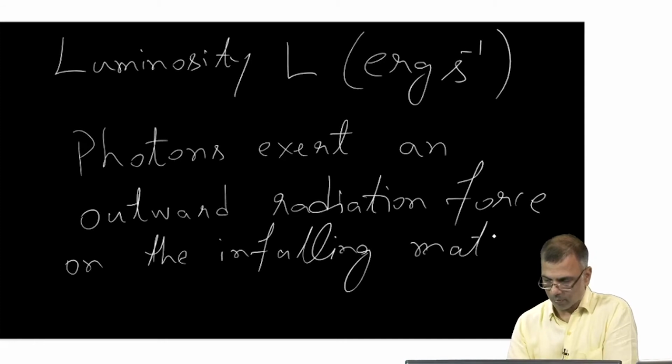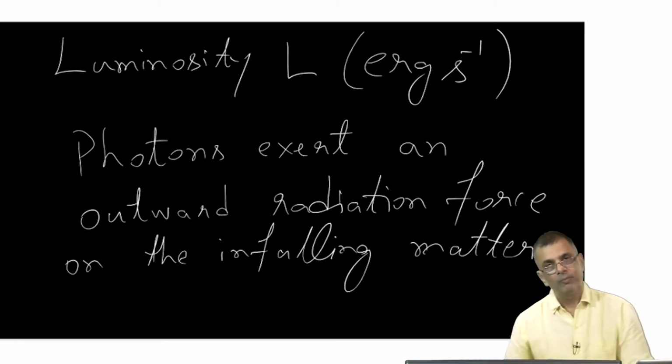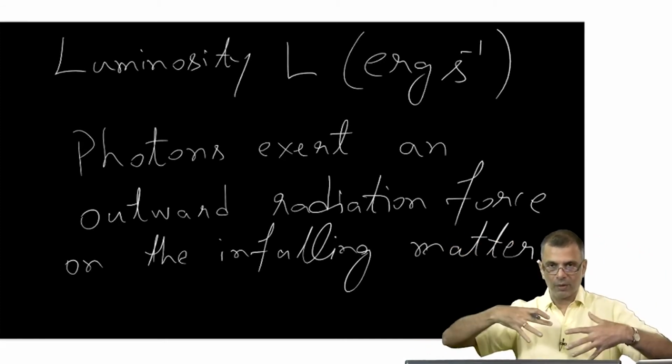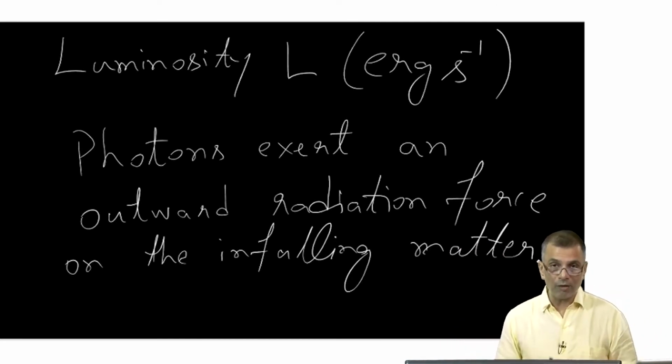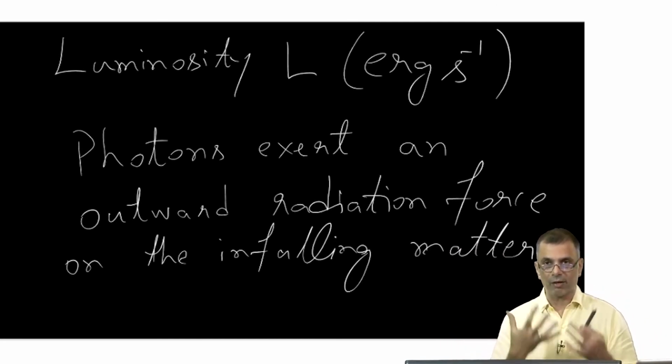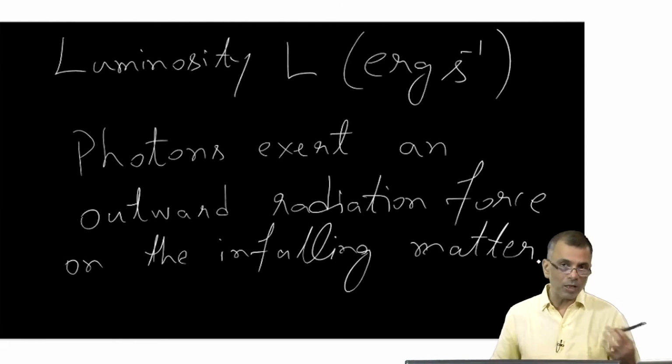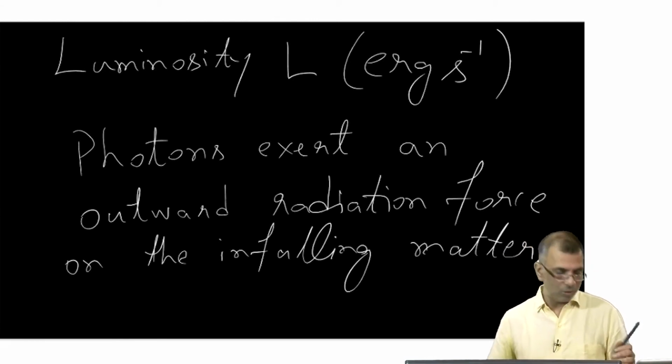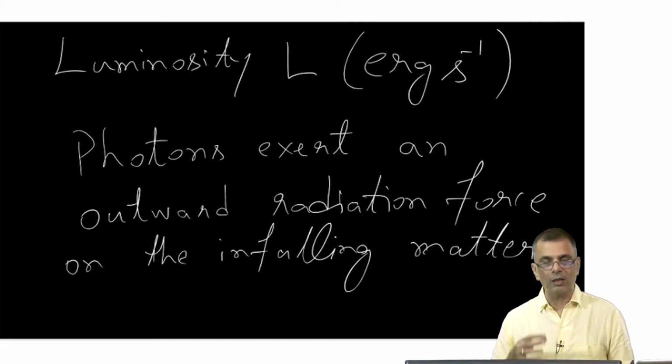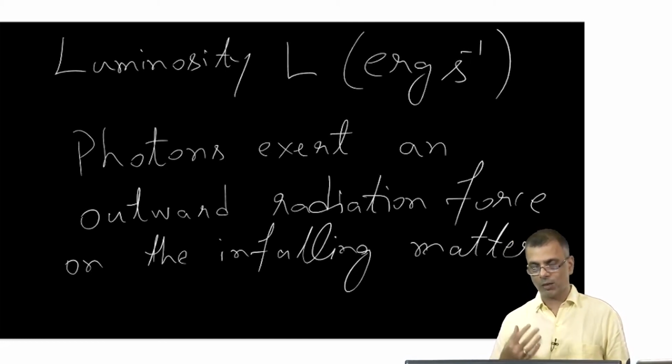So, the point is, you are accreting stuff because you want to extract the gravitational potential energy. And suppose you are able to do that. As we will discover, the way in which gravitational potential energy is extracted is via viscosity.